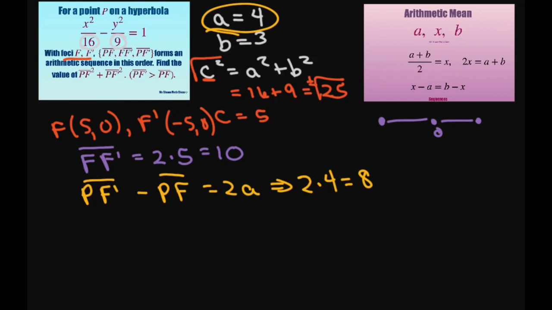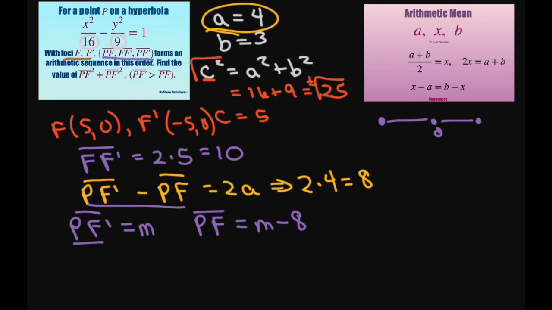And then we're going to let the line segment PF prime equal M. If that line segment equals M, looking at our formula here, our PF is going to equal M minus 8.